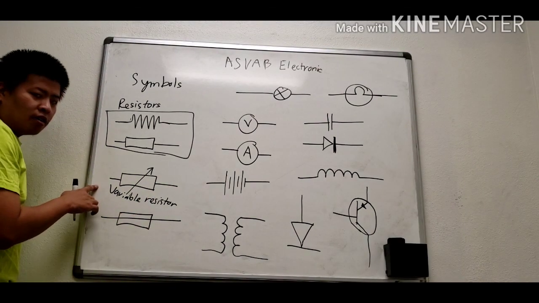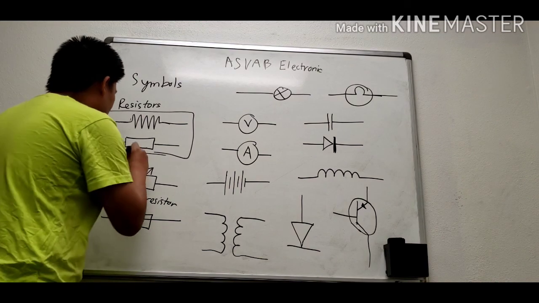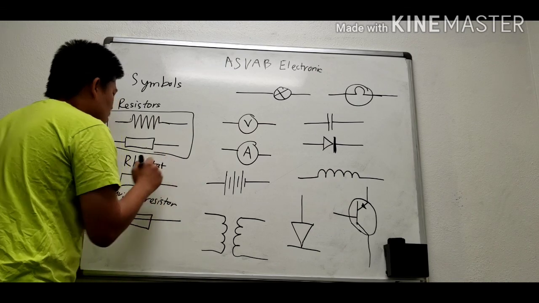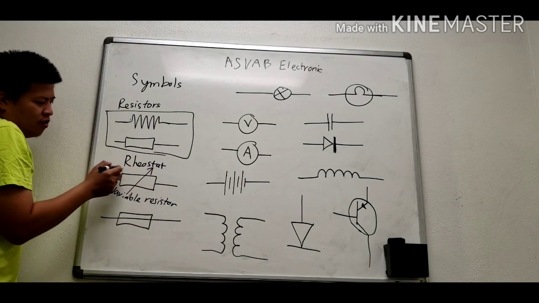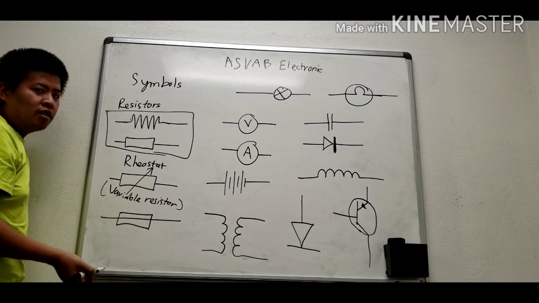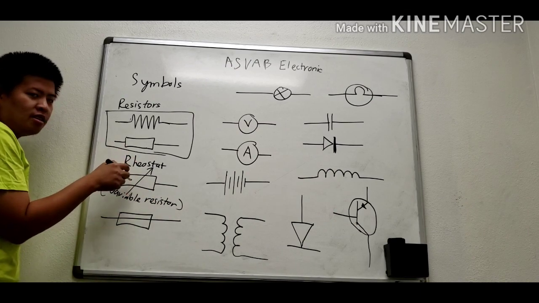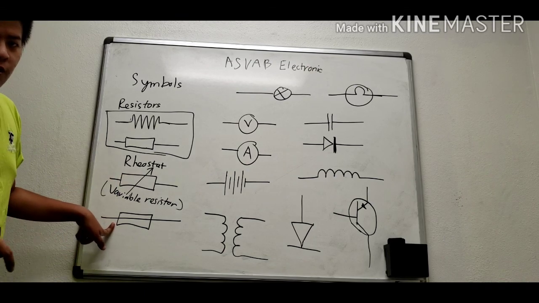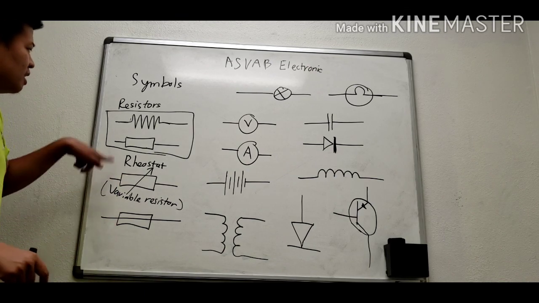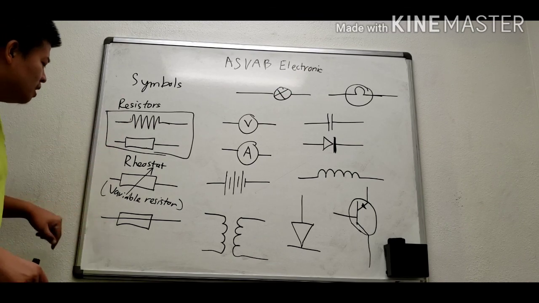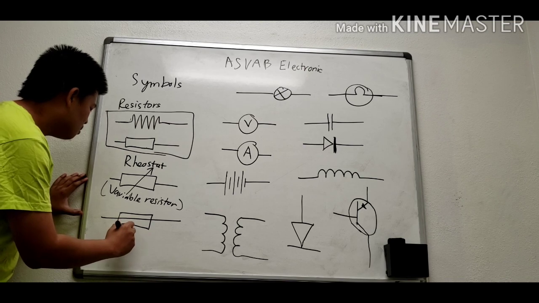And this is on the ASVAB. Sometimes they will call it a rheostat. A rheostat is a variable resistor. The names are different, but they are the same object. The next one, some people confuse. They think it is a resistor, but actually it is the fuse.